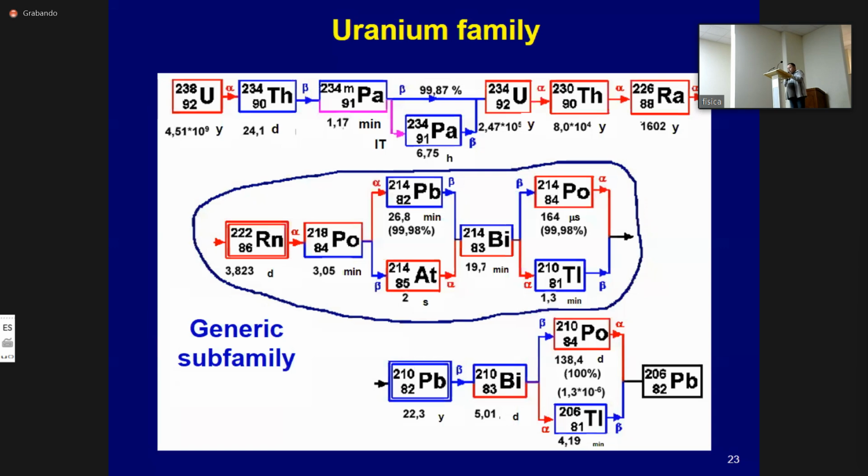The most significant radionuclides in nature for us are radioisotopes of radon-222 and thoron, radon-220, that have the same origin but different source.